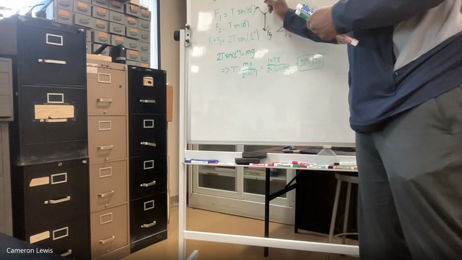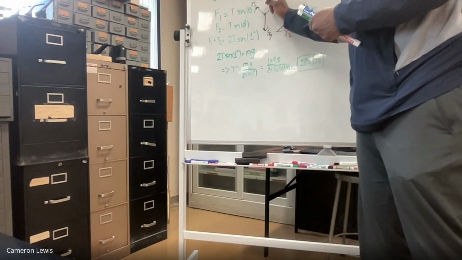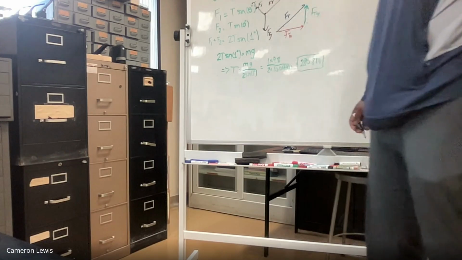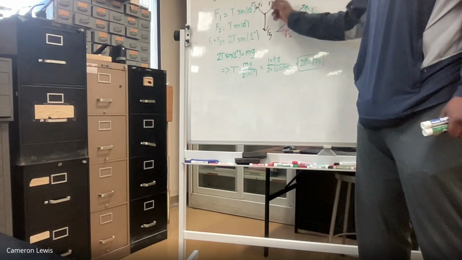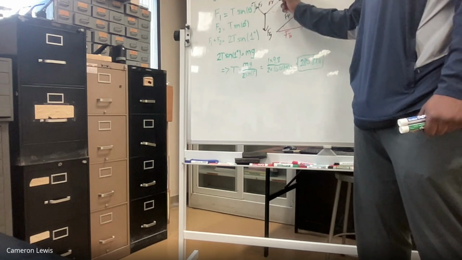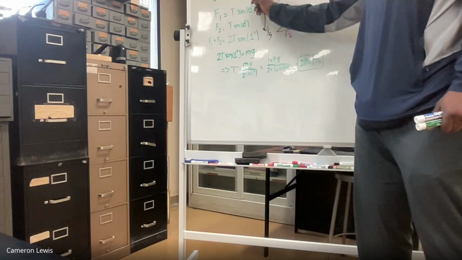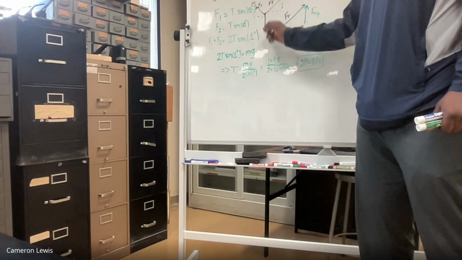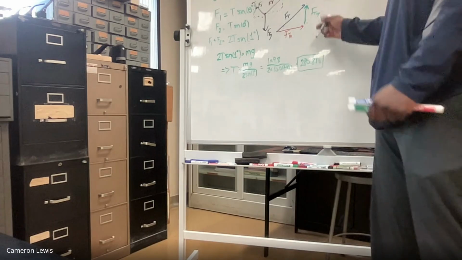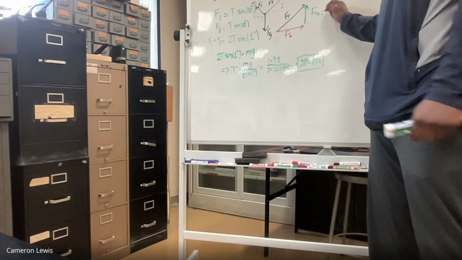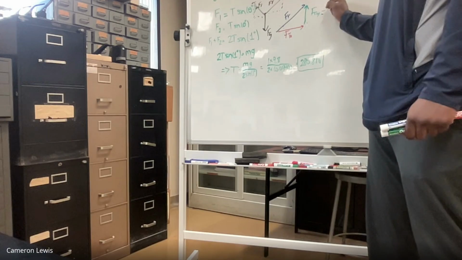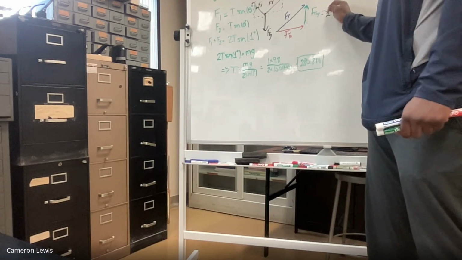So this is an equilibrium state, right? Imagine these are the same size. So we know that this upward part is going to be the same as gravity for the equilibrium. So now we can say that this is also equal to 1/2 gravity.